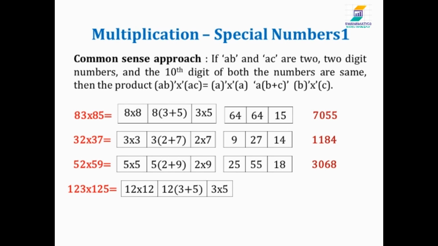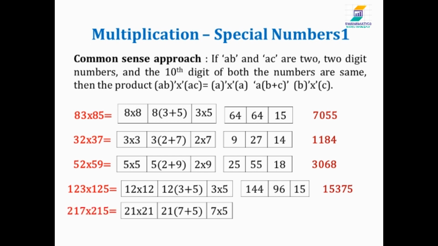123 into 125, 12 into 12, 12 into 3 plus 5, 3 into 5, right? So your answer is 15375. 217 into 215, 21 square, 21 into 7 plus 5, 7 into 5. 21 square is 441.